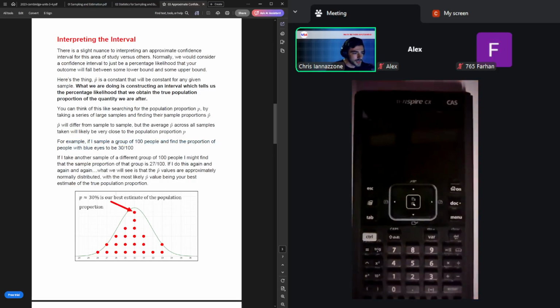If I do that once, I might get 30 out of 100. If I do that again with another 100 people, I might get 27 out of 100 that time. If I do this over and over and over again and dot all those out, what I'll find is I'll basically get a normal distribution with a center. Whatever that center is, is my most likely or best estimate for the true population proportion of people with blue eyes.